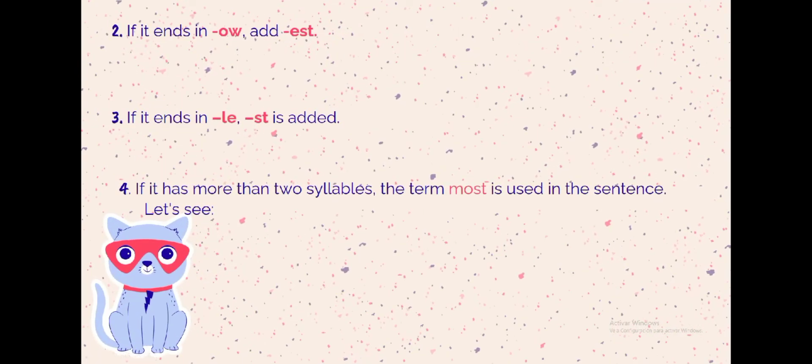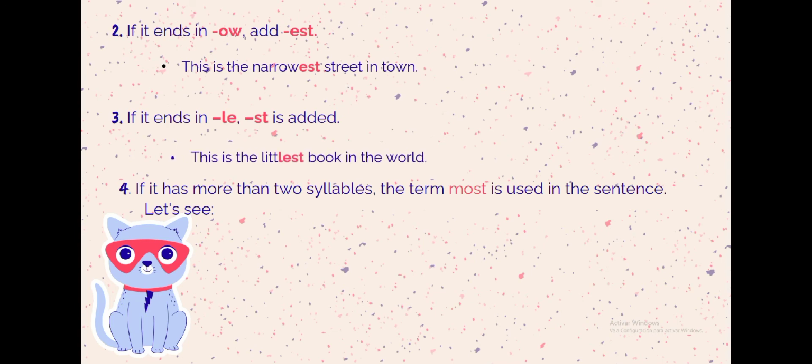If it ends in ow or er, est is added. Example, this is the narrowest street in town. 3. If it ends in le, est is added. Example, this is the biggest bug in the world. 4.